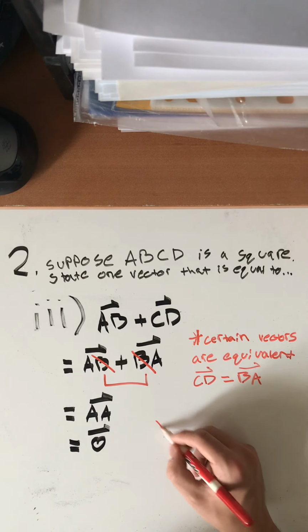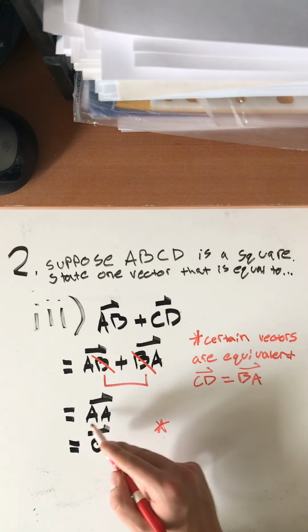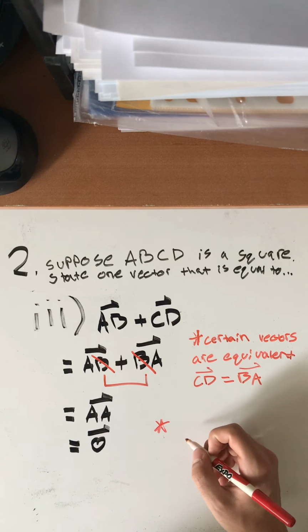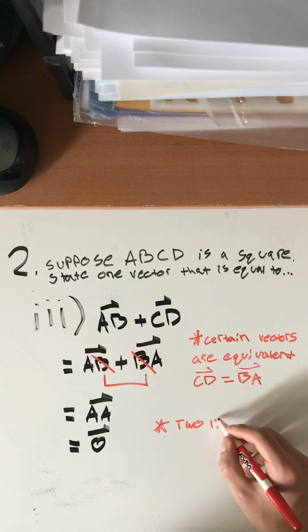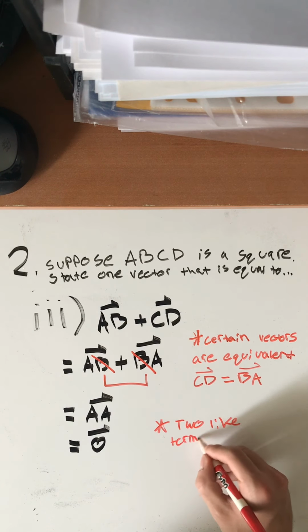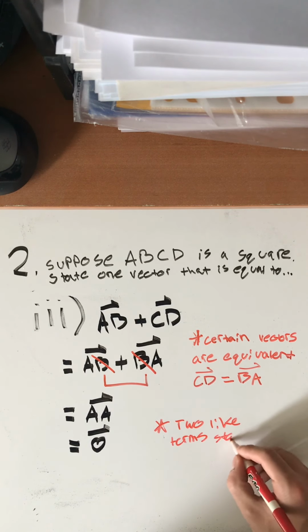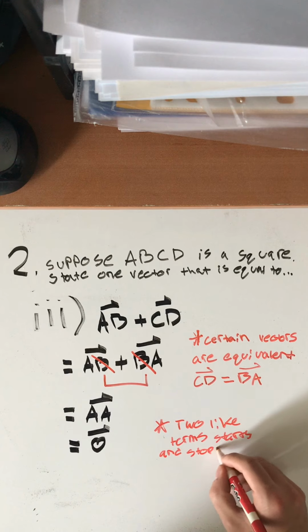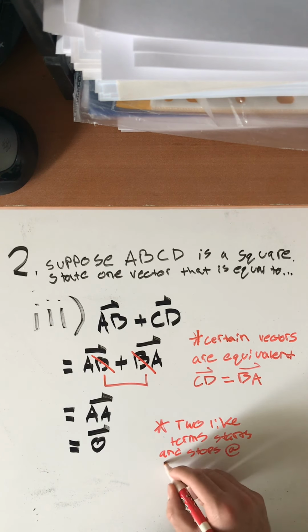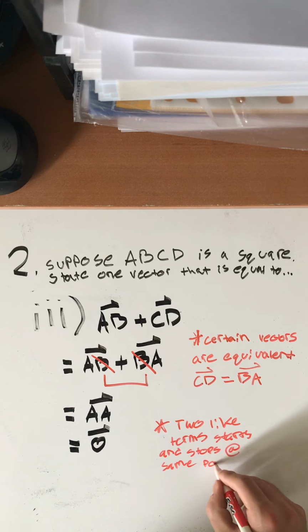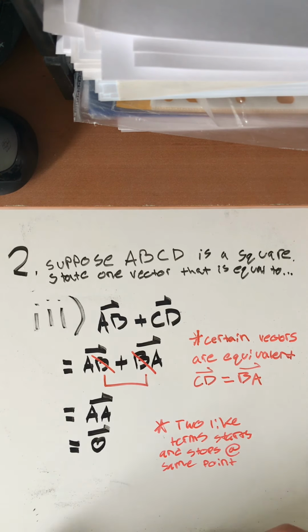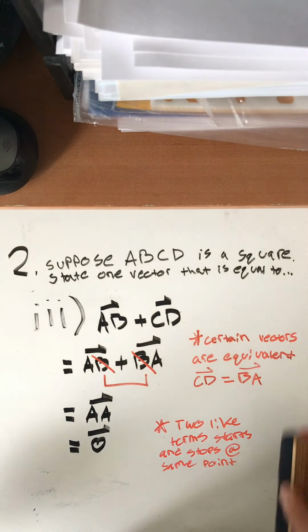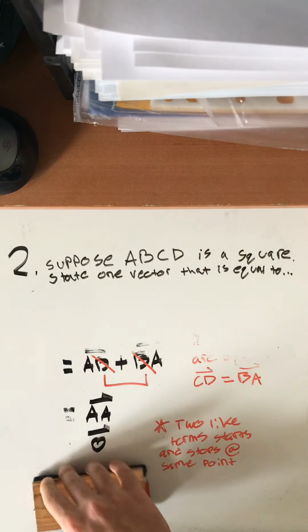And also here, since we have a vector with two of the same terms, two like terms, it starts and stops at the same point, equaling 0. So we're going to move on to our last and final question, where we're going to combine everything that we've learned so far.